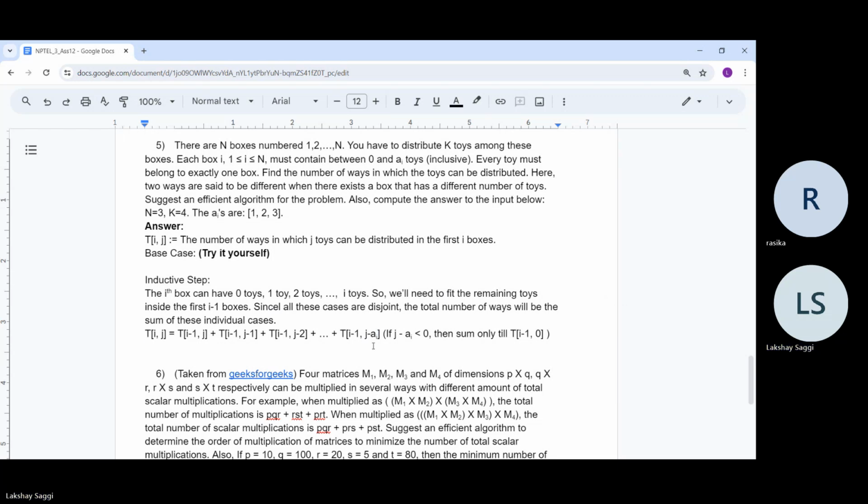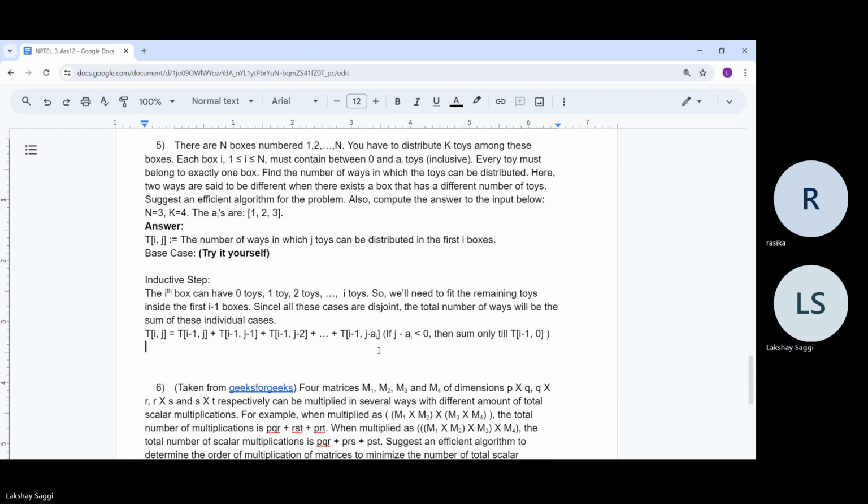So I hope you get the idea that the complexity will be something like, I'm not writing down the complexity, you can easily see this yourself. Or maybe you can give it a try yourself. There are n boxes, k toys, and in each iteration, we are summing some ai different entries.